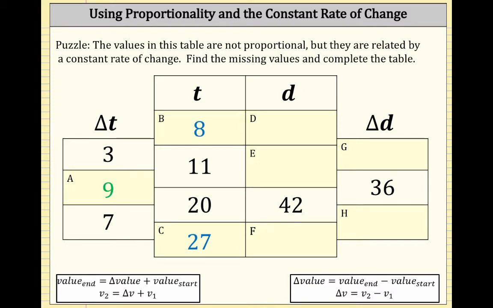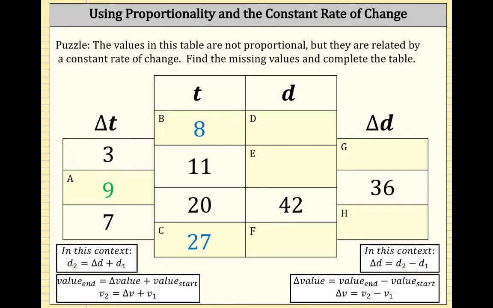Looking at the right half, in this context, our first equation is going to be d2 is equal to delta t plus d1. And our second equation will be delta d is equal to d2 minus d1. Now, the only information that we're able to determine right now is E. So there's something plus 36, which would give us 42.